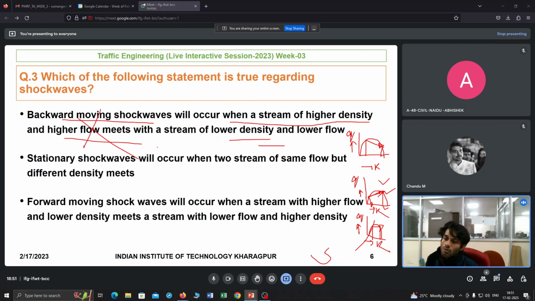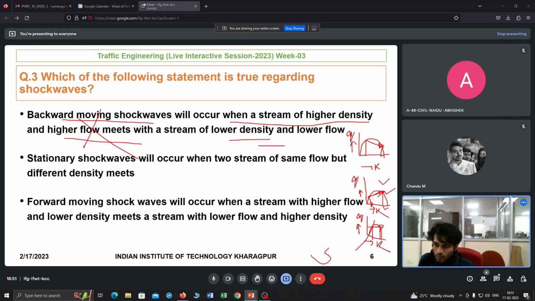Because once you get the idea, the same concept can be applied to the rest. Yes. So now you see, for a stationary shock wave, when there are two streams of the same flow but different density, right? So see the third scenario, the same flow, right?